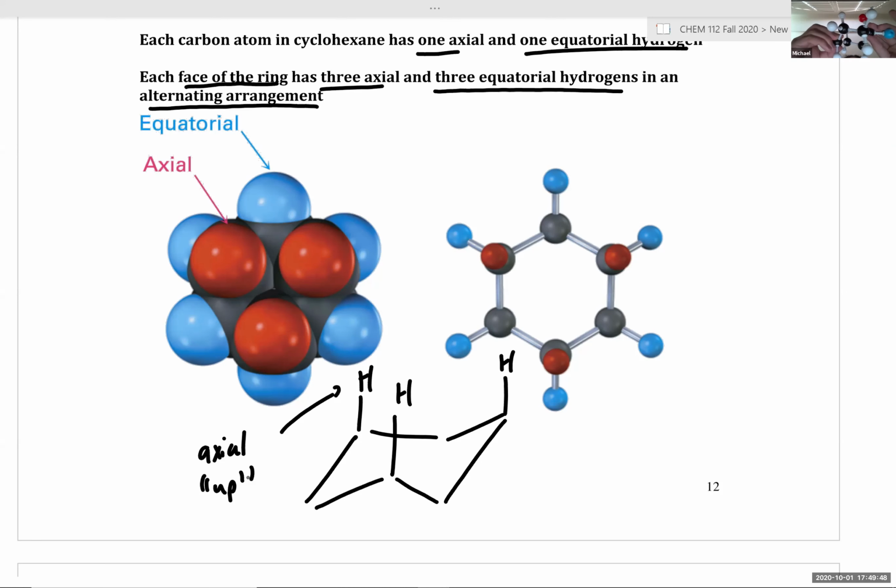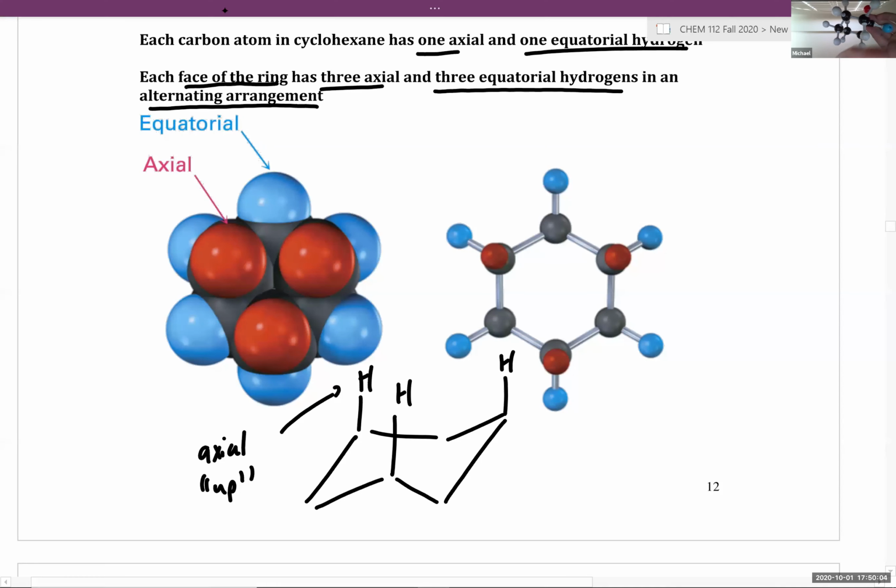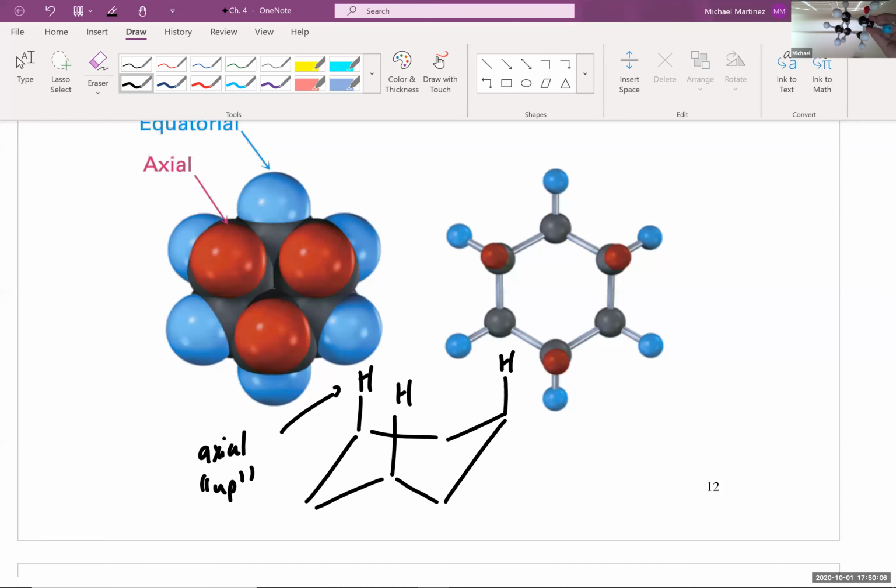Likewise, if we look at the bottom of our ring, we see that we have 1, 2, 3 hydrogens on adjacent carbons that are axial pointing down.